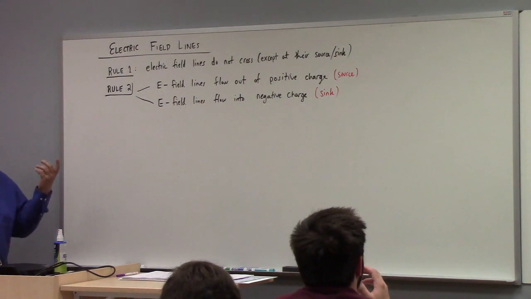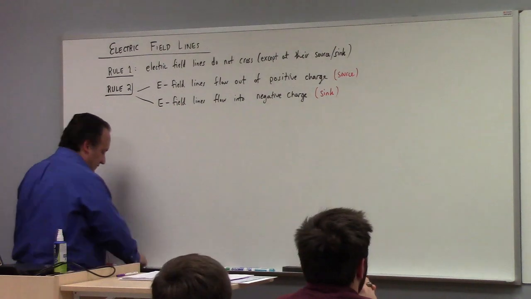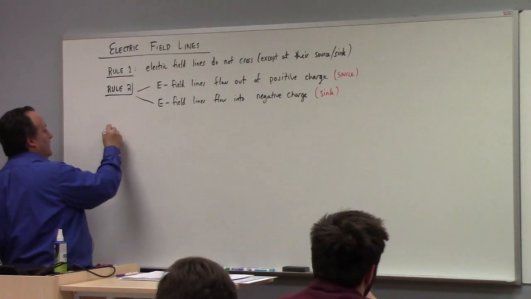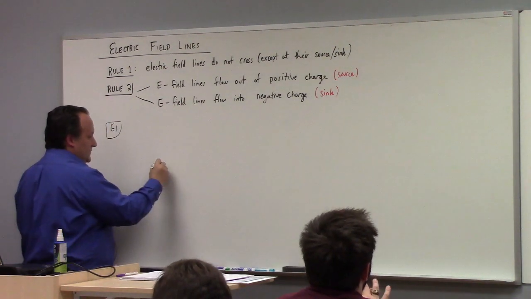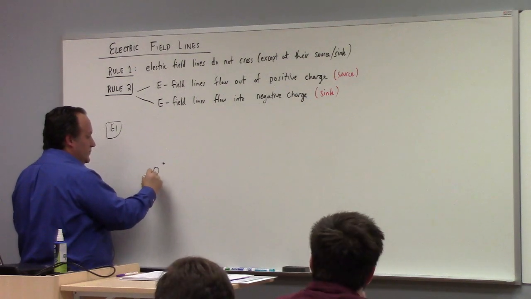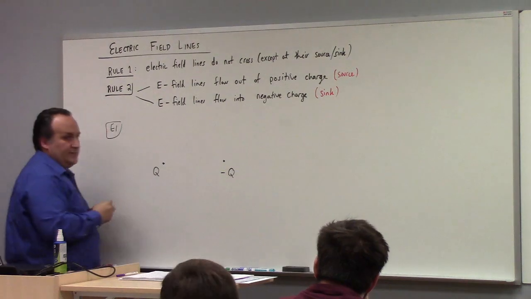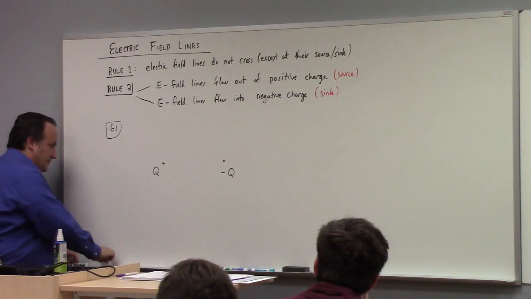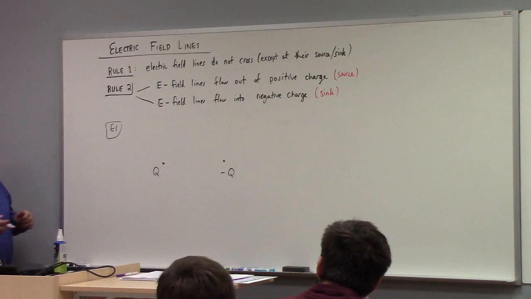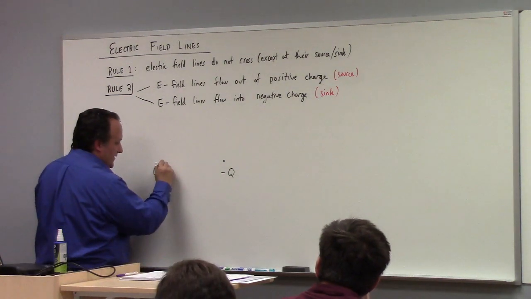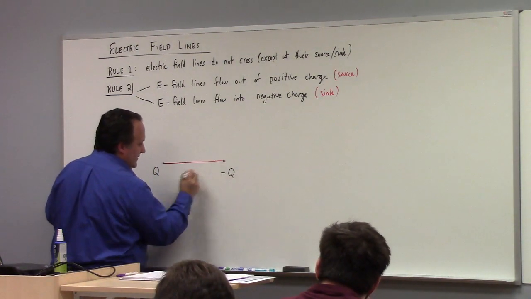Let me just draw a picture. So here's positive charge Q and negative charge minus Q. The field lines go from the positive charge and they flow into the negative charge, something like that.